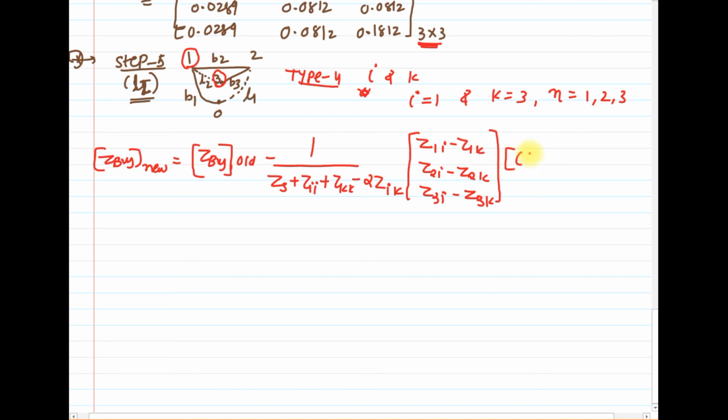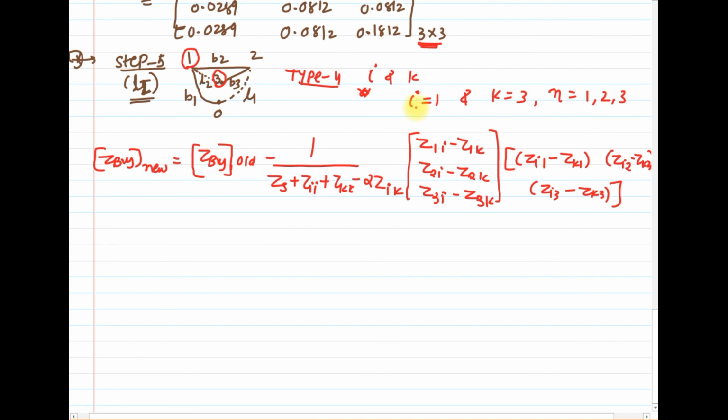Clear? Yes. Again, z i1 minus z k1. The second element is z i2 minus z k2. Just simply consider the transpose of this column vector. And the third element is z i3 minus z k3.